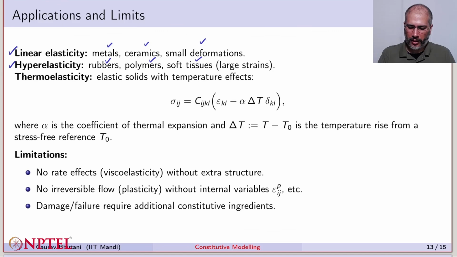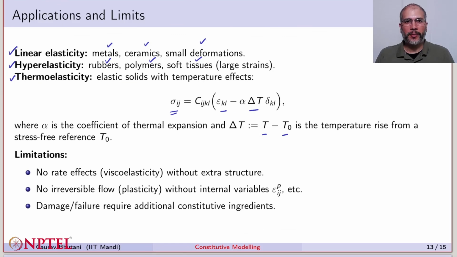And then we also have a class called thermoelastic materials, where our sigma depends on epsilon and delta T. So delta T is basically the temperature difference between T and T naught, where T naught is some stress-free temperature where there's no stress. So the idea of today's discussion was to give you an understanding of these elastic models which are used to model many solids.